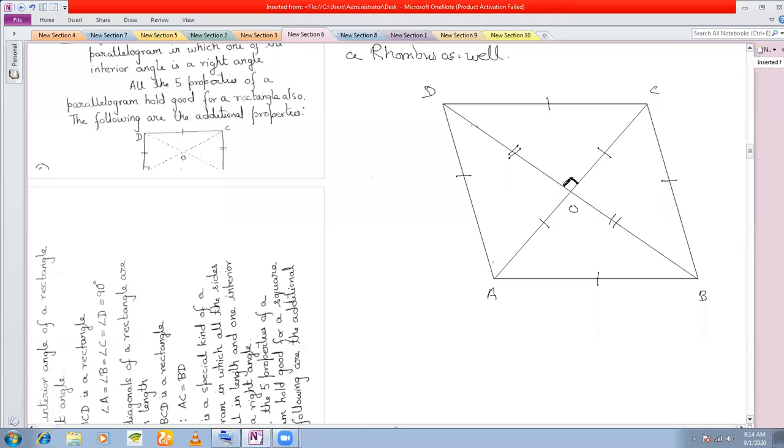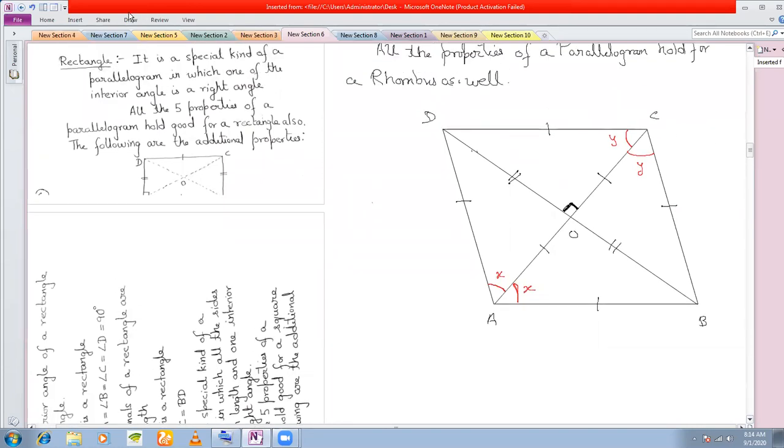Angle A and angle C. So therefore this diagonal AC will bisect this angle such that these two angles are equal. If this angle will be X, this angle will be X. Similarly, this angle is Y and this angle will be Y. This is what the property means.